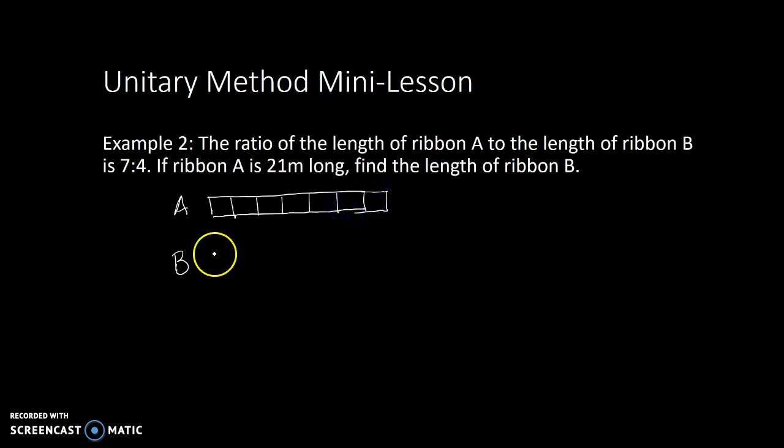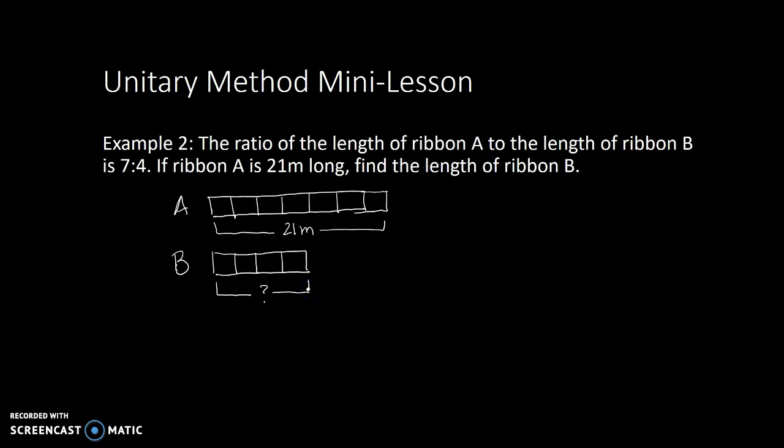And ribbon B is 4 units. And let's see, it says that ribbon A is 21 meters long. And we want to know what the length of ribbon B is.